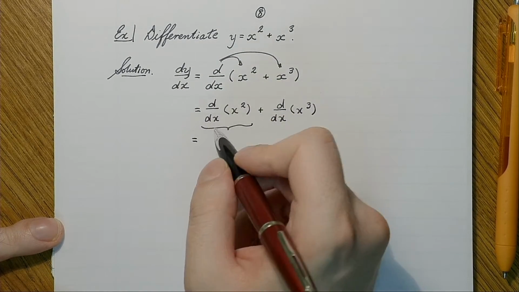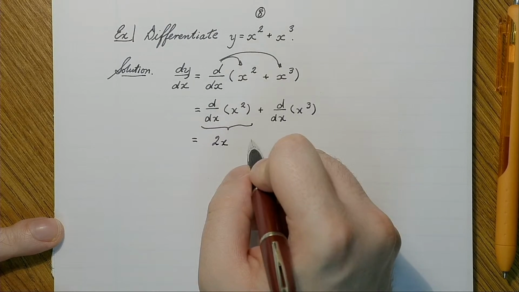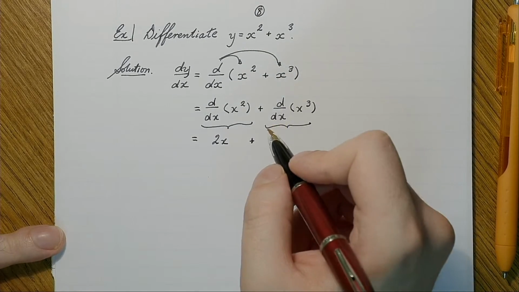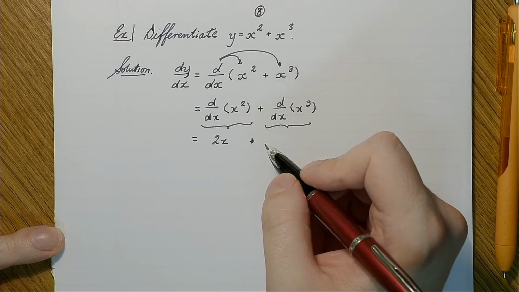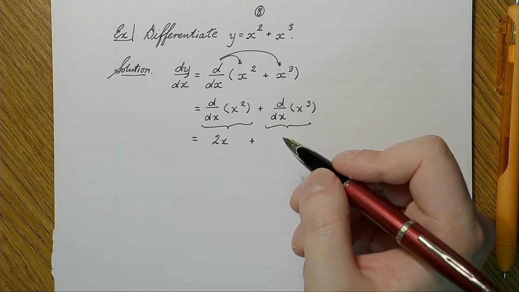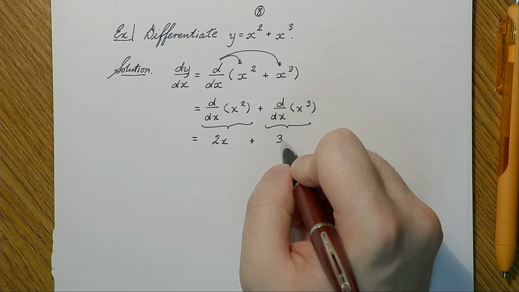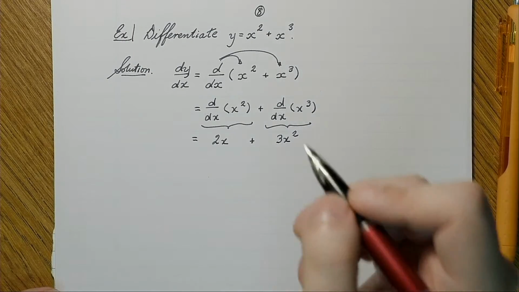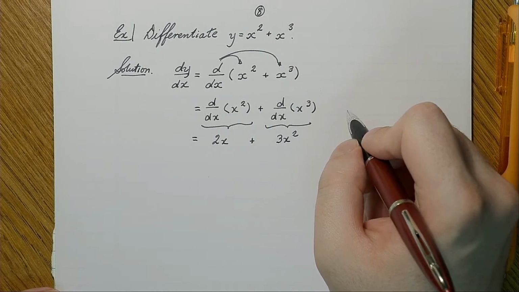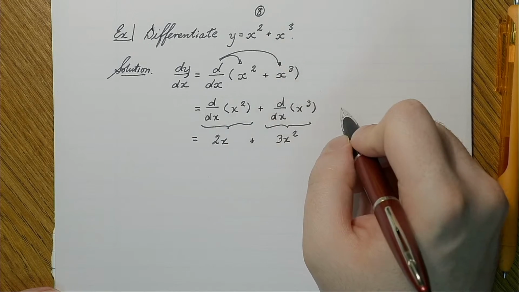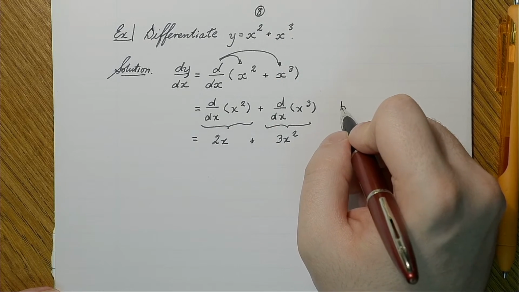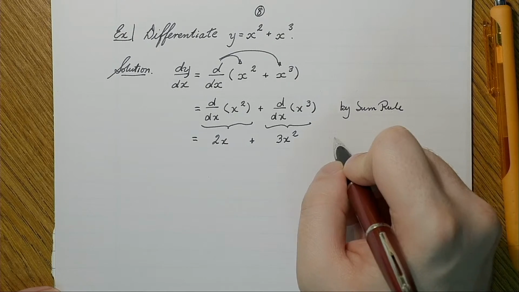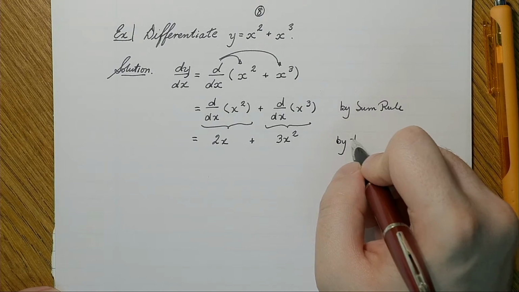So the derivative of x squared is just 2x plus the derivative of x cubed. So what did we do here? Here's the sum rule, and here is the power rule.